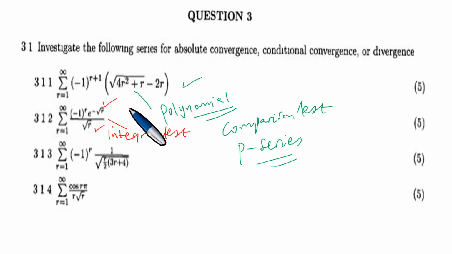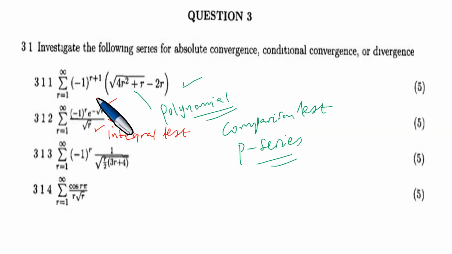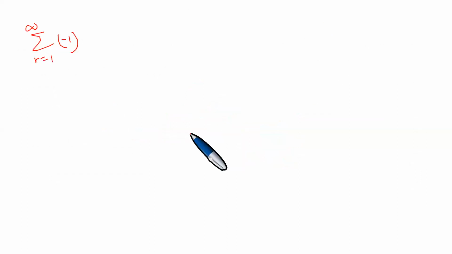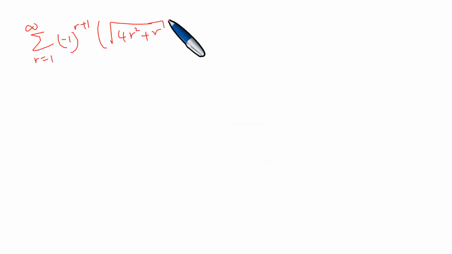So the series is going to be this one. You have the series from r equals 1 to infinity of minus 1 to the r plus 1, with the square root, minus 2r.